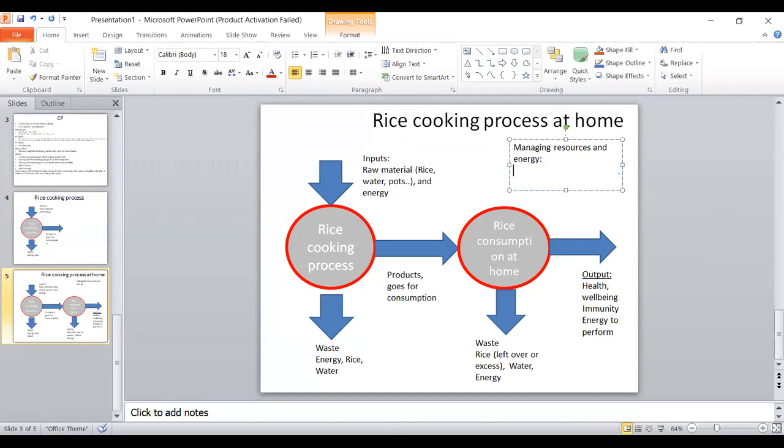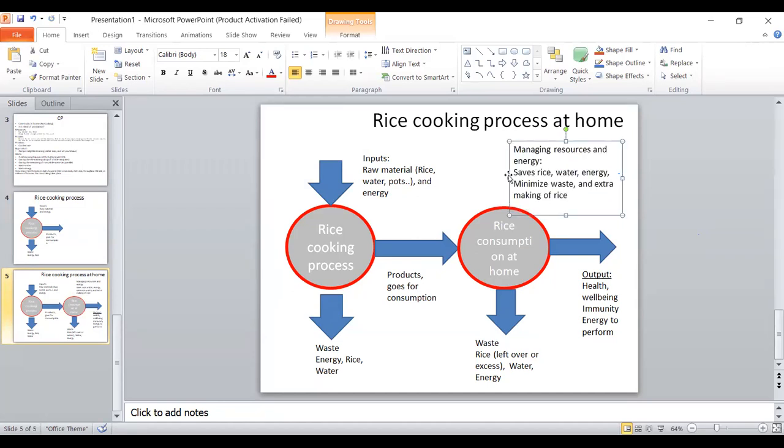Managing resources and energy saves rice, saves water, saves energy, which means minimizing waste. And making extra rice is also a waste.